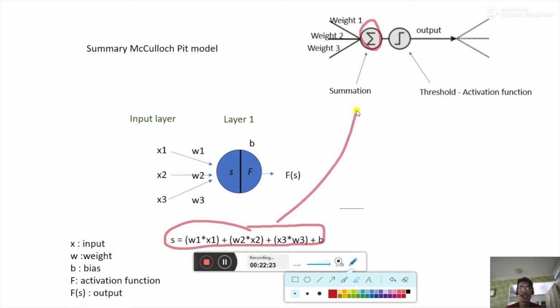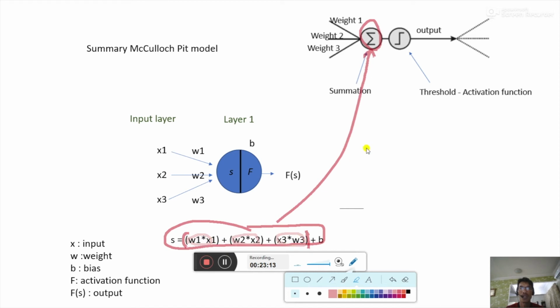S is W1 multiplied by x1, plus W2 multiplied by x2, plus x3 multiplied by W3, and then all together plus B. You add all these 3.